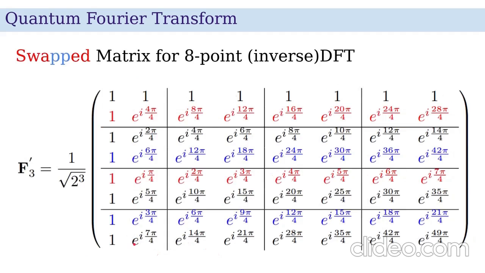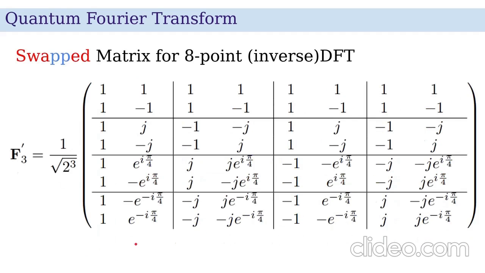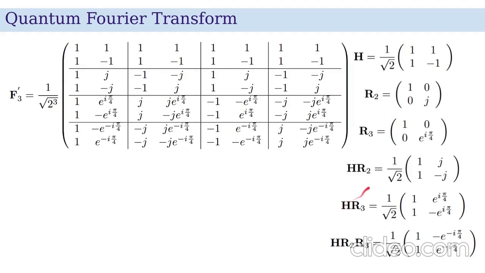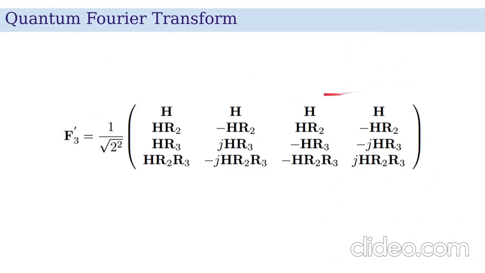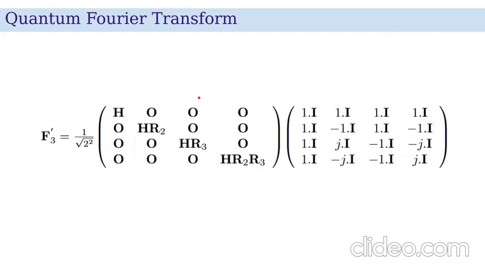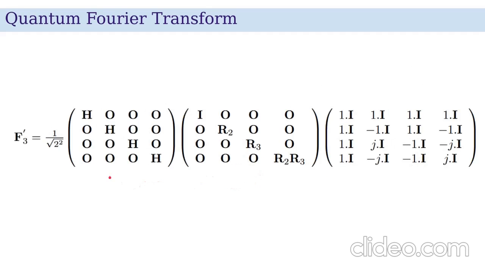We partition the matrix like this and simplify a bit. On careful observation, we find that these partitions can be expressed in terms of these smaller matrices written on the right, like this. And then we factorize like this. The first one is a diagonal matrix, so we can further factorize the first matrix like this.